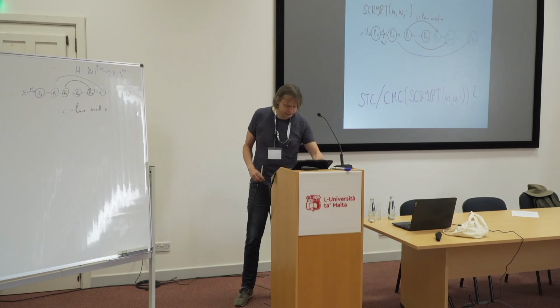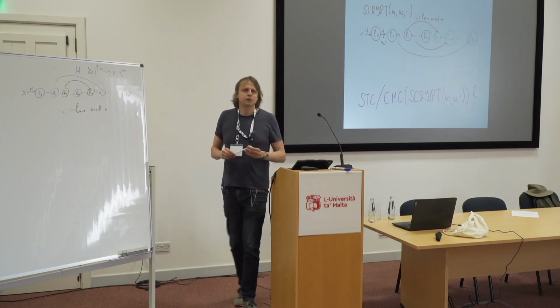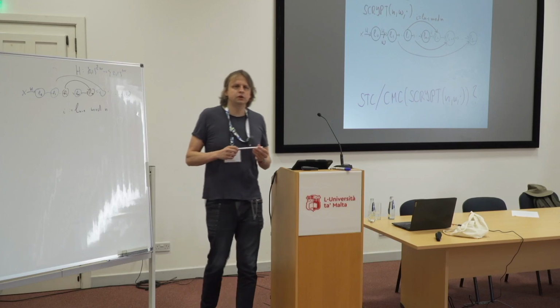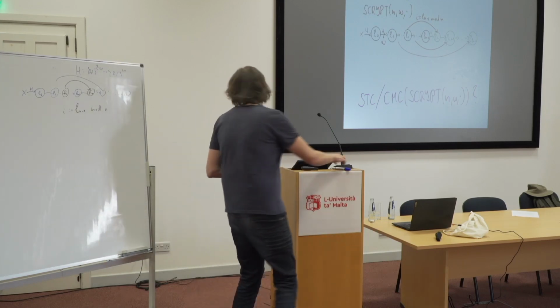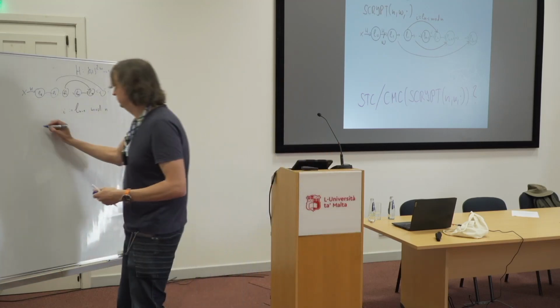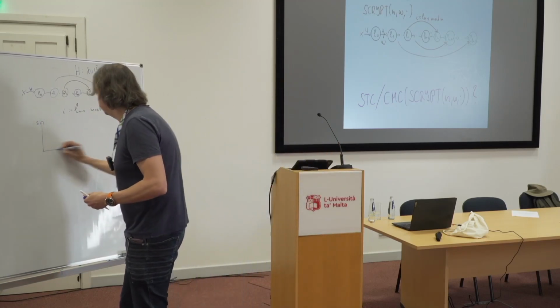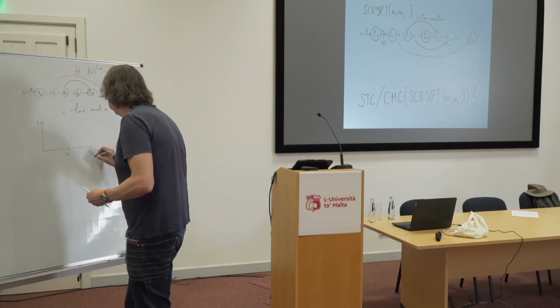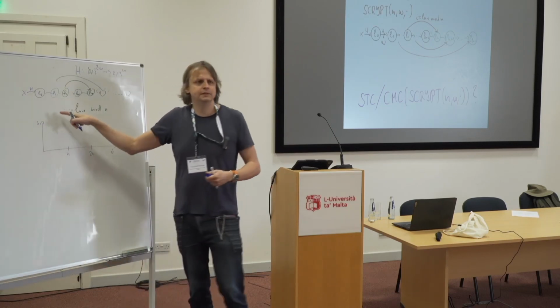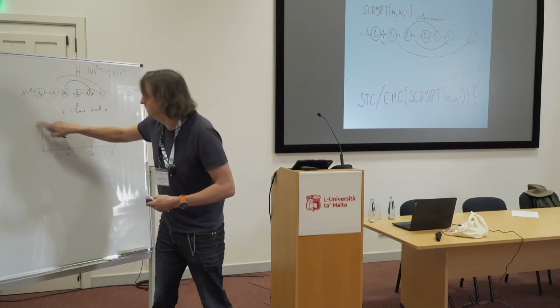So what do people think? Let's say the server. How would the server compute this function? So this is the space. This would be the time. So the space, or memory, let's call this the memory.